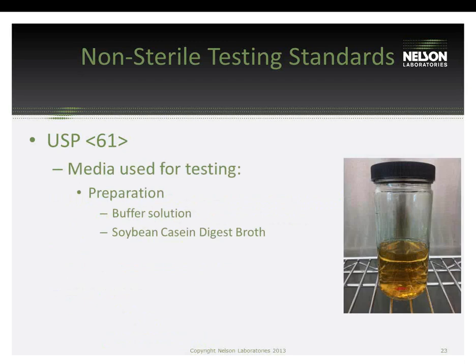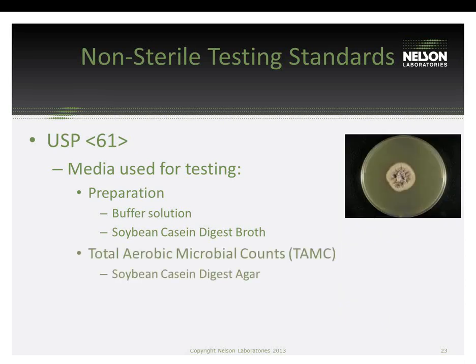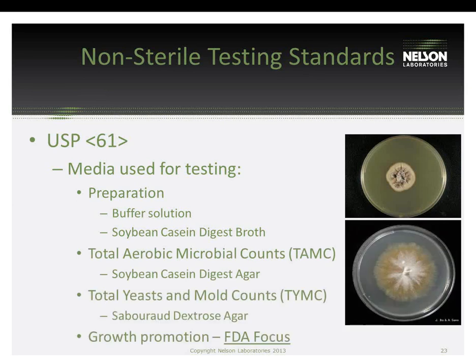During the test, the sample is prepared in a sterile broth or buffer solution. And during the testing, the sample preparation is placed onto agar plates. For total aerobic counts, it's a general agar that will grow most organisms that we're looking for. For the yeast and mold counts, there's a lower pH, which promotes growth of molds and yeasts.